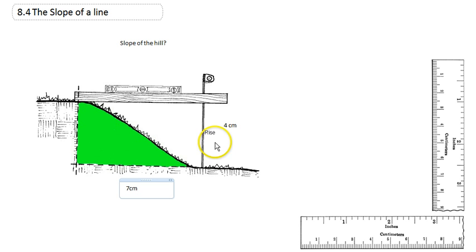So if I was to show the slope of this hill, I would say that it was 4/7 slope.